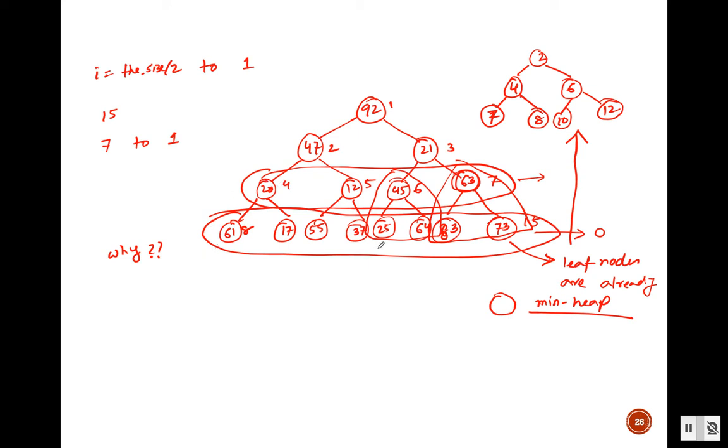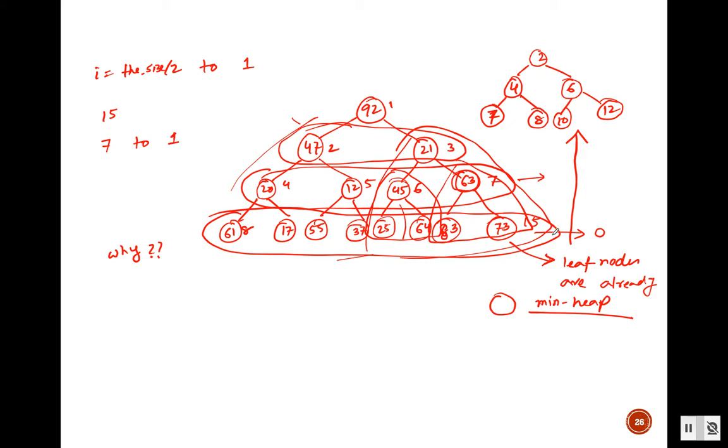Each of the subtrees, we are going to make them a heap. Then we consider the next level, so this subtree will be a heap, and this subtree will be a heap. Then finally the root will be considered, and we make it a heap, and then the whole tree will be a heap. So this is the reason we are not going to consider any node in the leaf level.